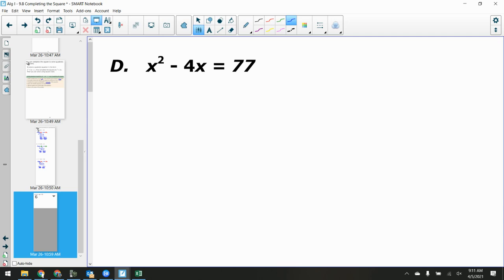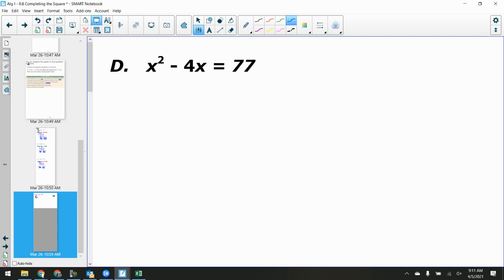Let's do another one here. X squared minus 4x is equal to 77. See, this is an example that would not be factorable. There are no factors that, I might be lying on that. I'm thinking that might, oh no, I lied, that is not factorable. But at any rate, step 1, variables to the left, constants to the right, check.